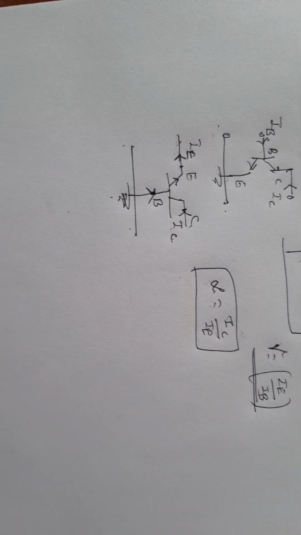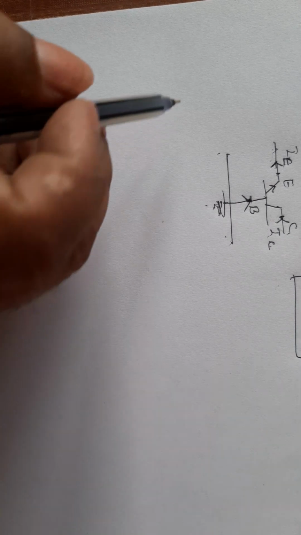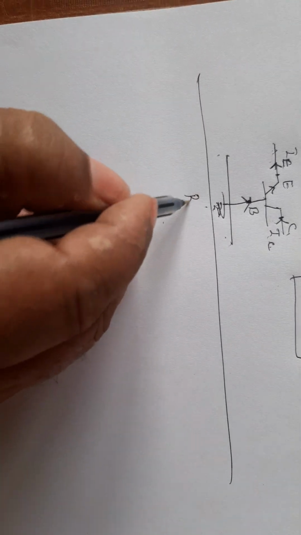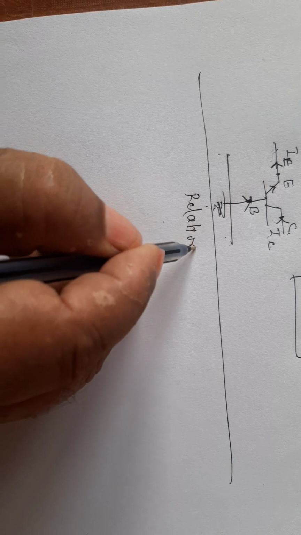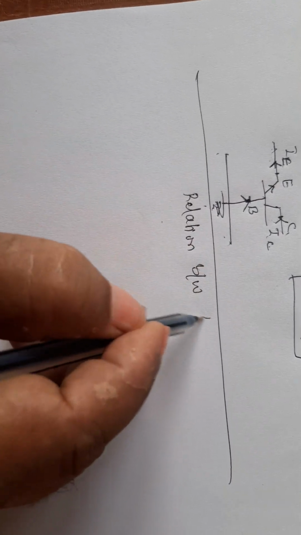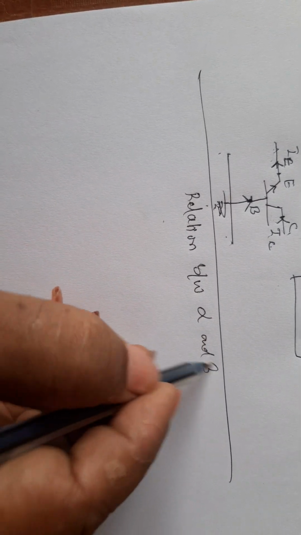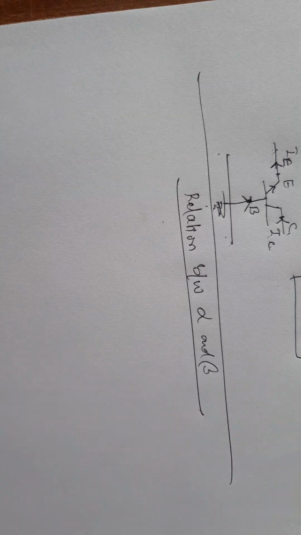Now let us obtain the relations between alpha and beta. We know that the emitter current is divided into two parts, one base current and another collector current.